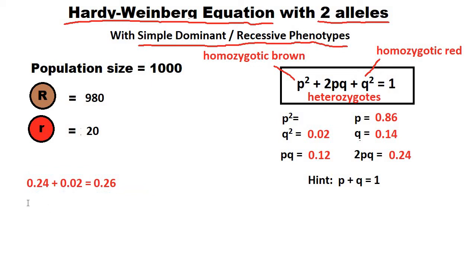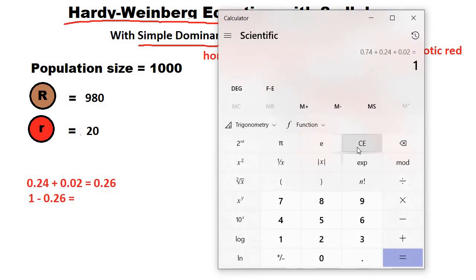And then to figure out what P squared is, to figure out how many are strictly homozygous for the brown allele, we would do 1 minus 0.26, which, if you can do math in your head, you've probably already got the drum roll going.